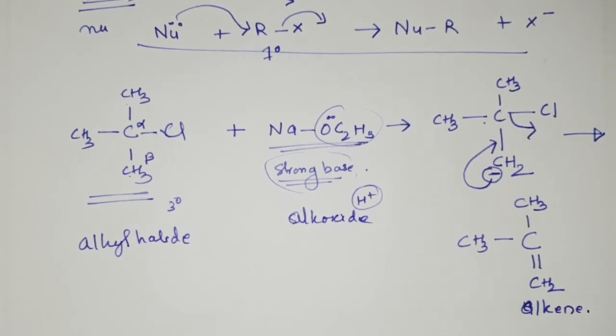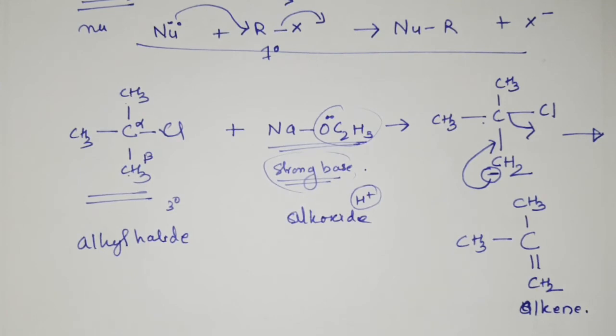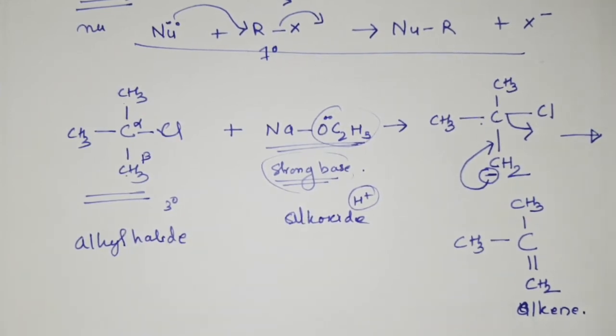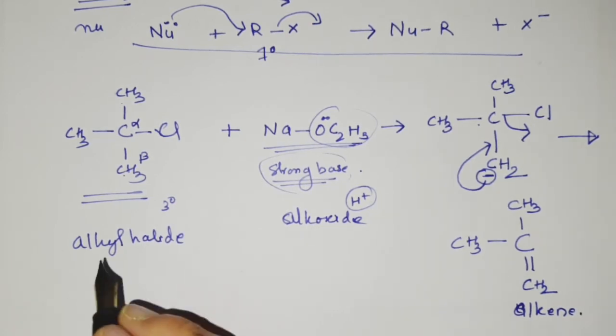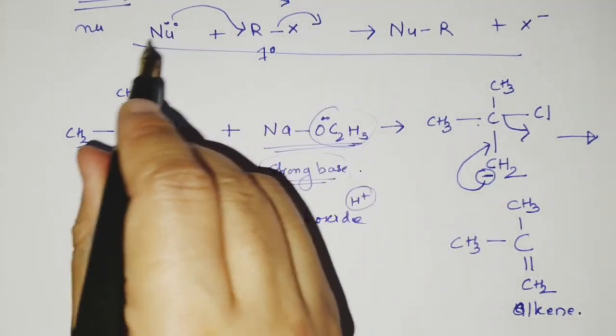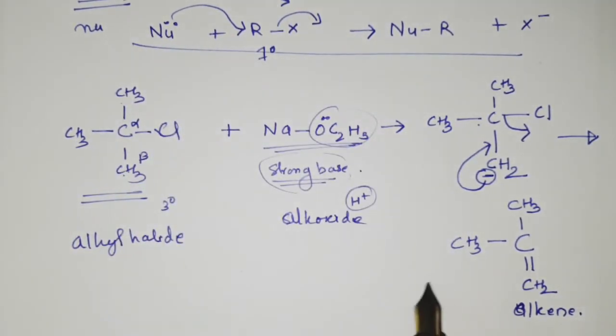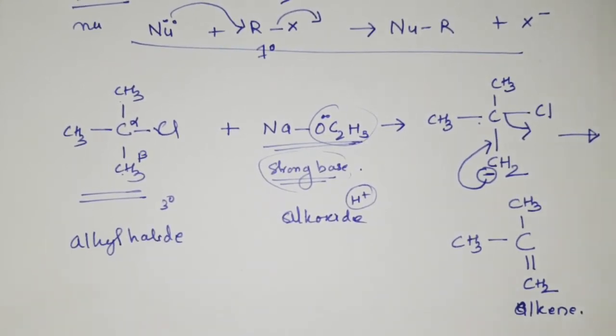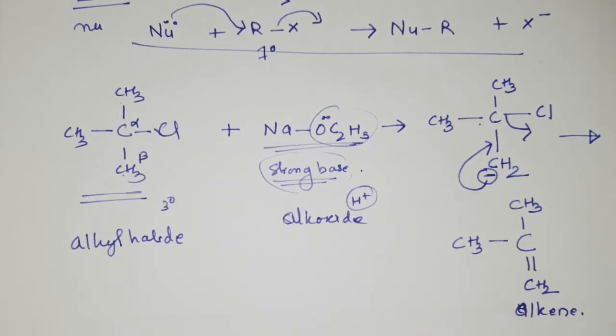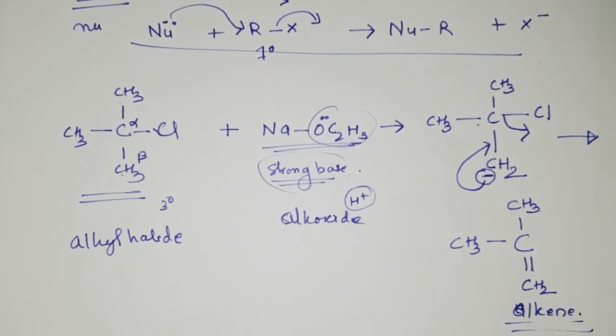So every time, in order to prepare ether, primary alkyl halide is preferred over secondary and tertiary. Why? Because when we take secondary or tertiary halide, there is competition between nucleophilic substitution and elimination reactions. So in secondary you will get a mixture of alkene and ether, and in tertiary you will get only alkene.